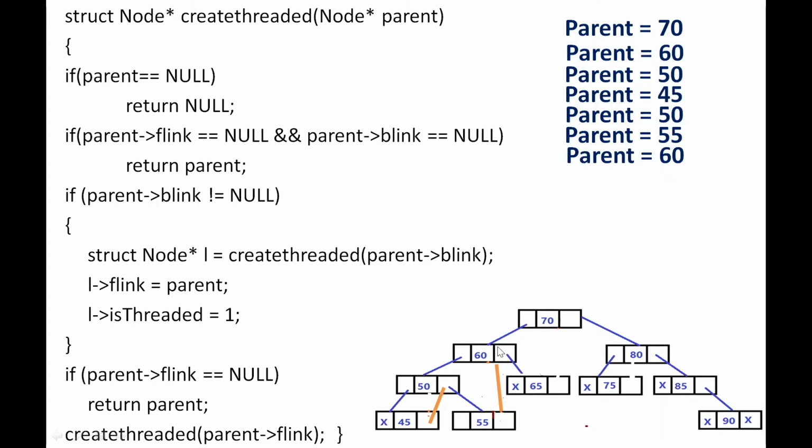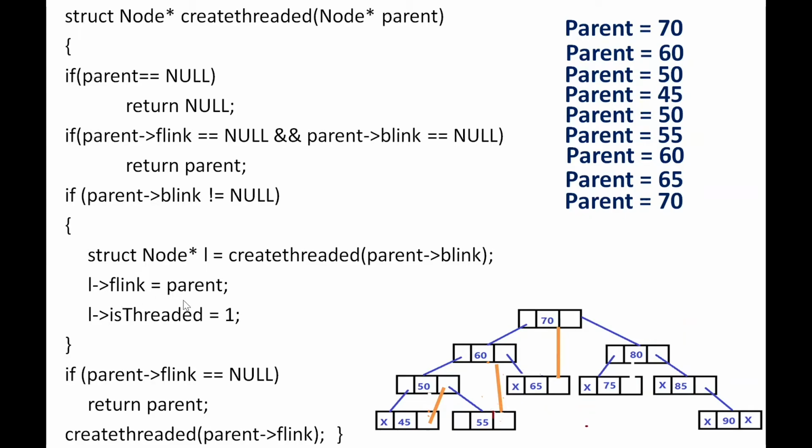Question is, who will be receiving it? Just like the 50 function call got completed, and the return value went to the grandparent, here also the same thing happens. Since the recursive call of 60 is already over, the return value goes to the grandparent, which is node 70, and this results in a connection like this.